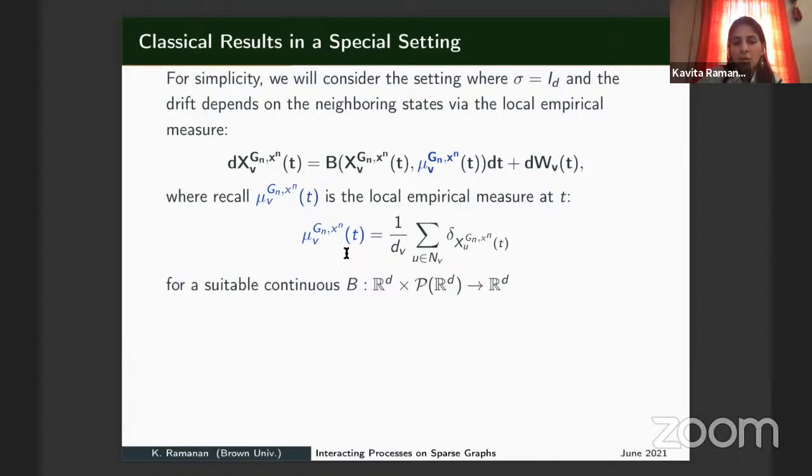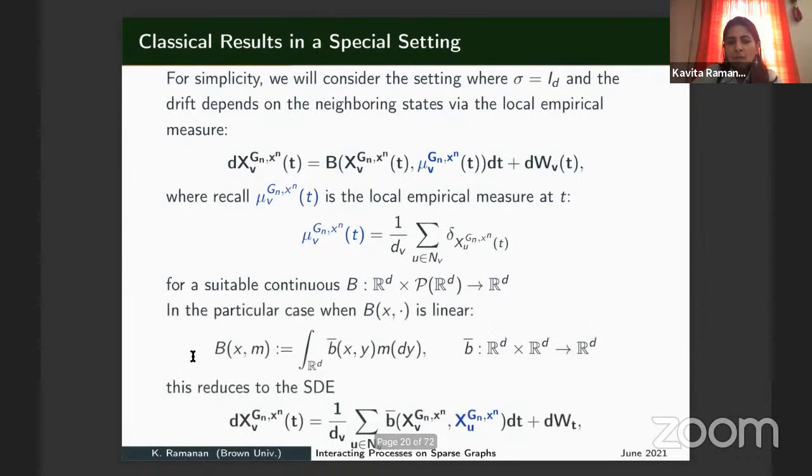And so now I'm looking at the small b, which was a function of xv in the neighborhood in some symmetric way, is now replaced by this cap B, which is now a function of, in this case, R^d and probability measures on R^d, which are these local empirical measures. Okay? And so, of course, in the particular case when you take b linear in the measure variable, it has this form, then it just takes this nice averaging, and you can think of b bar here as a sort of interaction potential amongst neighboring vertices, right?